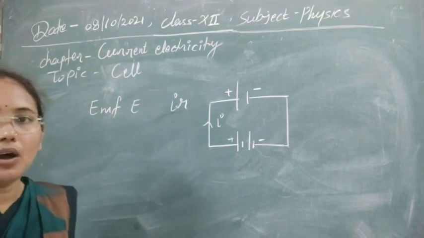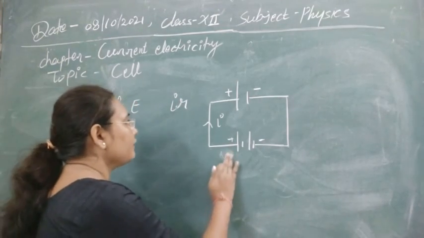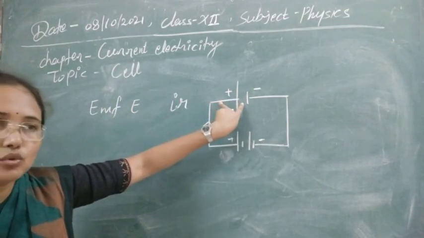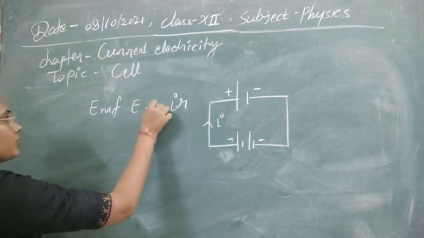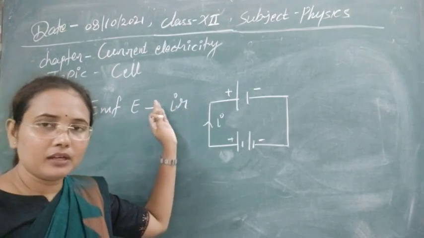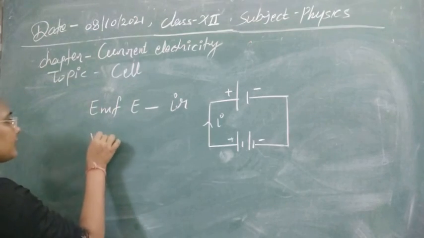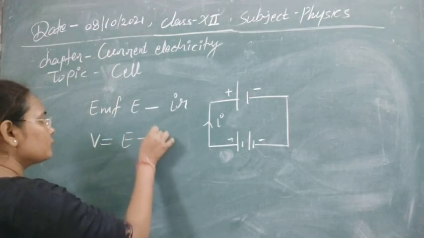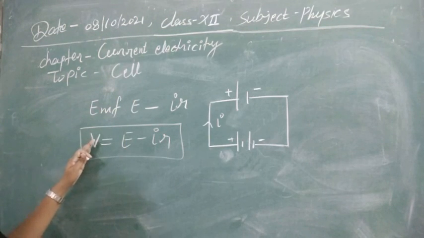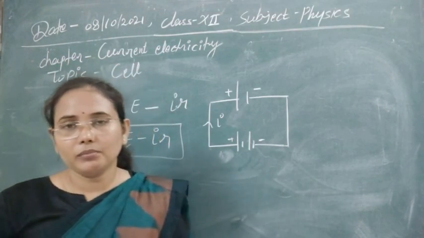Now, if you have to find the potential at the ends of these two plates, it will be reduced, because some of the potential is used to overcome this internal resistance. So some potential is dropped. The potential that remains is known as the terminal potential, and we get this whenever we connect any source or load. So this is the information about the cell.